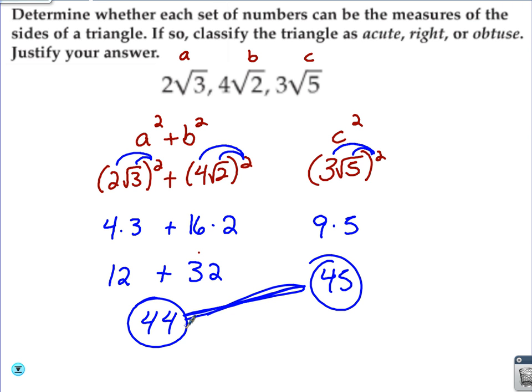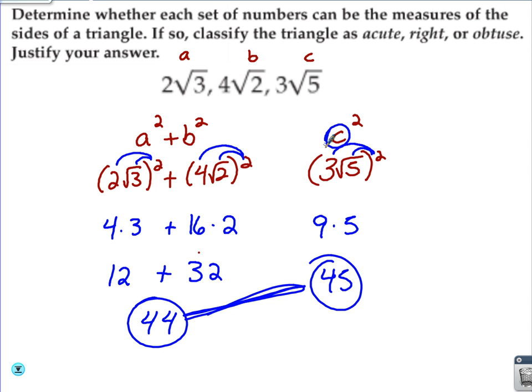If you drew this with these side lengths, if you were given 3 sticks and said make a triangle out of these 3 sticks, it would look like a right triangle. Why? Because A squared plus B squared is so awfully close to C squared. This would look like a right triangle, but it's not.